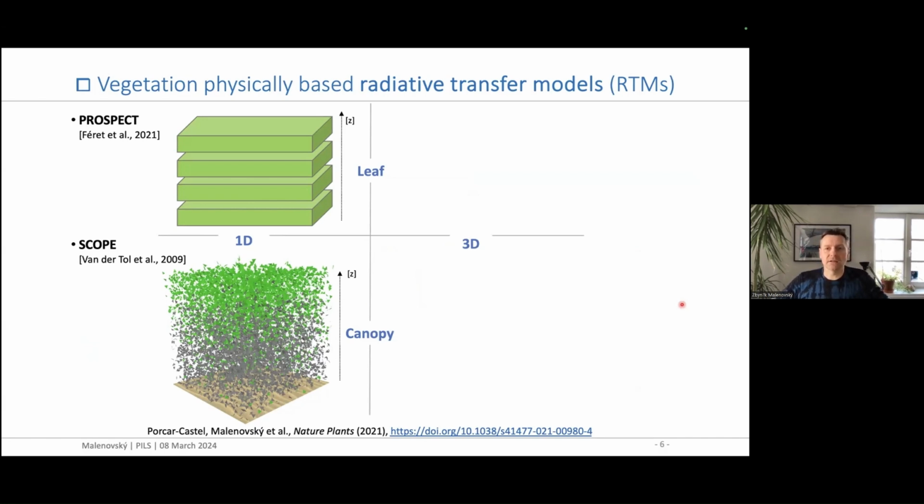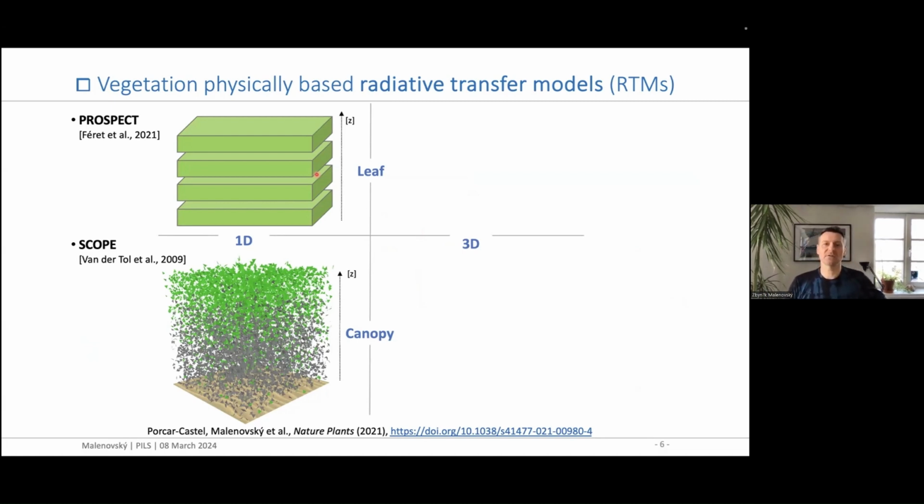And then from the 90s of last century, we could see development of first one-dimensional models at both scales. So there are models which are mimicking the interactions of the light within the leaf structures, as well as inside of the canopies.